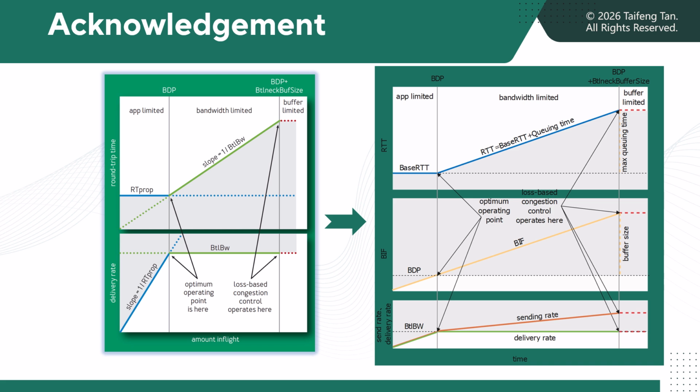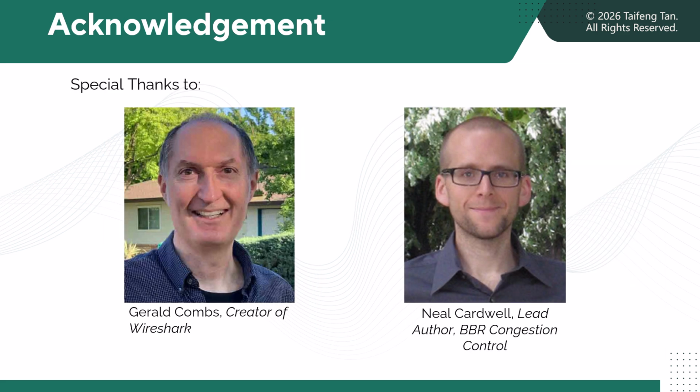The network congestion model, in particular, extends the BBR paper's diagrams of bytes in flight, RTT, and delivery rate by expanding their parameters and adapting them to the practical observability capabilities already available in Wireshark. Special thanks to Neil, the Google BBR team, and Gerald Combs, the creator of Wireshark. Your pioneering work made this course possible.